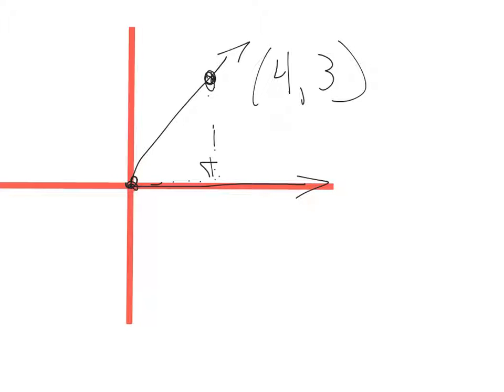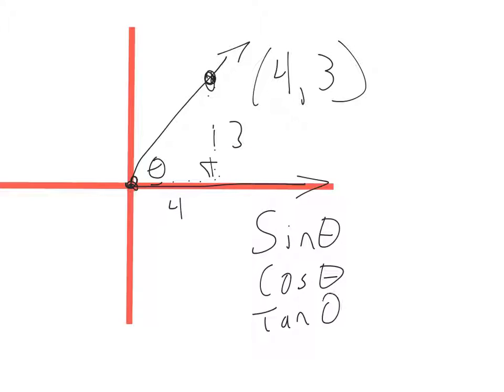But I know that this has gone 4 over and 3 up. So I'm not really sure what that angle is in there. That's my theta, but I don't know it. But I can find out what my sine ratio, my cosine ratio, and my tangent ratio are.